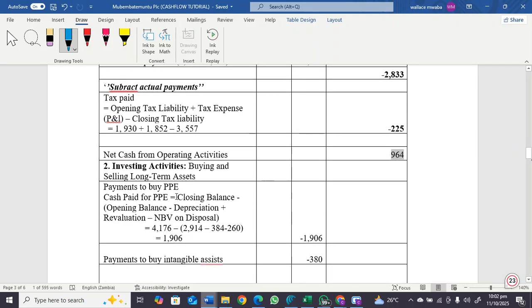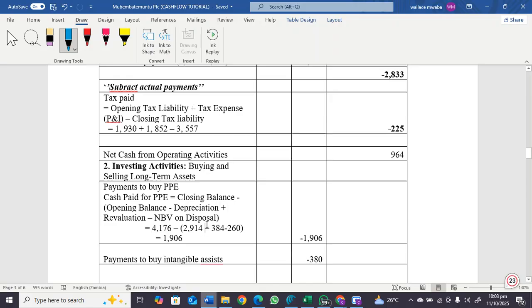The closing balance of the specific non-current asset minus, open brackets, the opening balance, minus any depreciation, plus any revaluation, and minus the net book value on disposal. I hope you remember this formula.